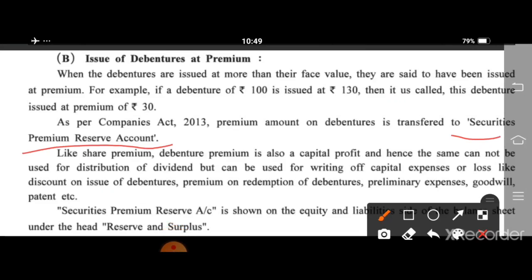Like share premium, debenture premium is also a capital profit, and hence the same cannot be used for distribution of dividend.